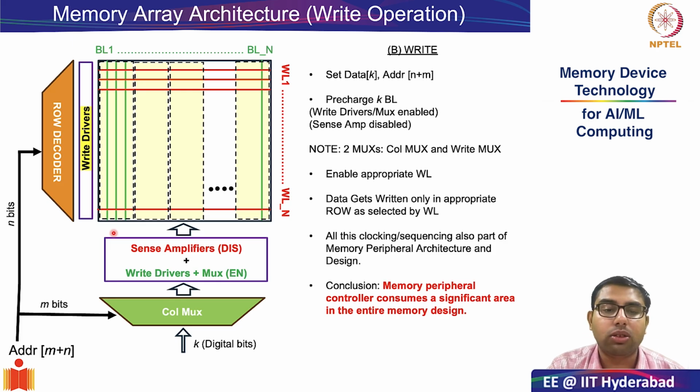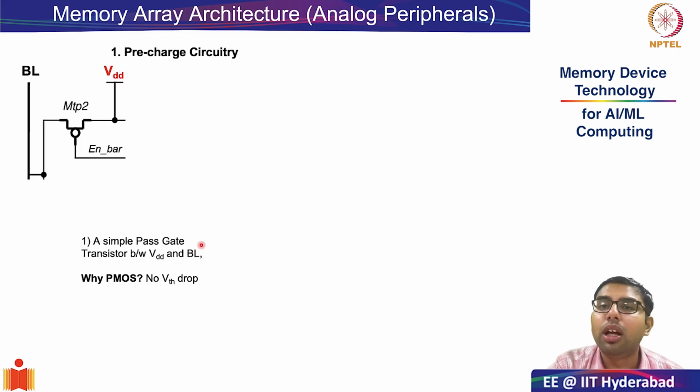In today's class, we will do a deep dive of the pre-charge circuitry and the sense amplifier, which form part of the analog peripherals. First, we will discuss the pre-charge circuitry. The objective of the pre-charge circuitry is to charge the bit line.